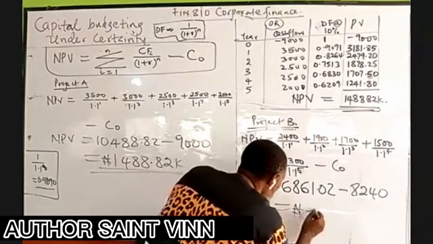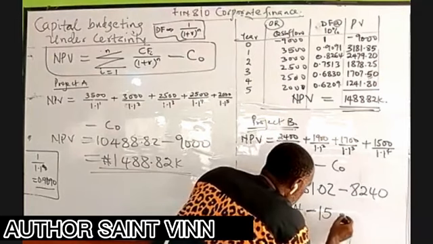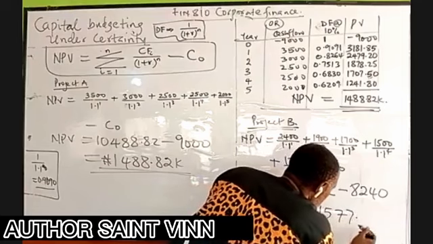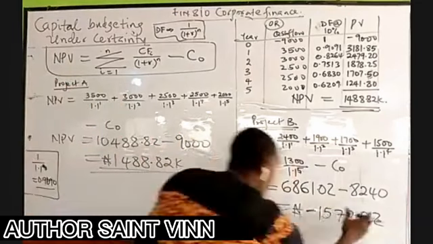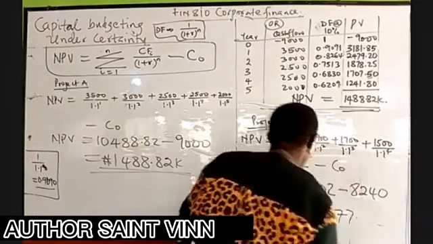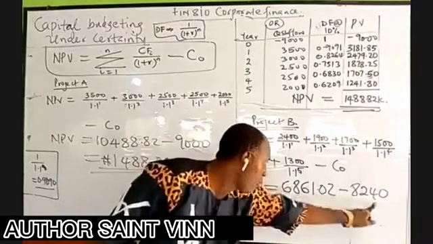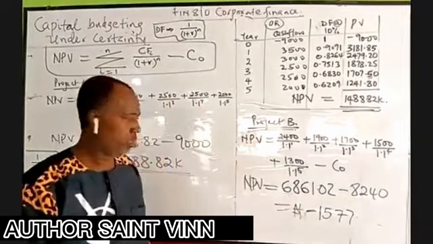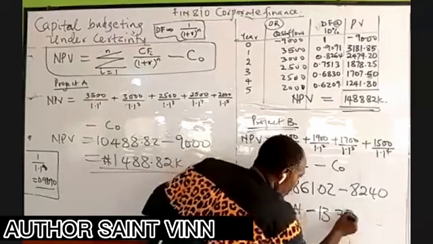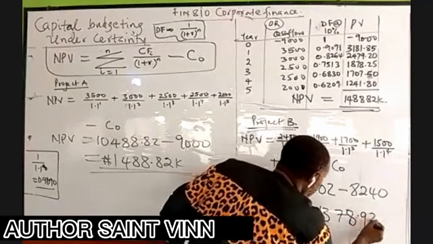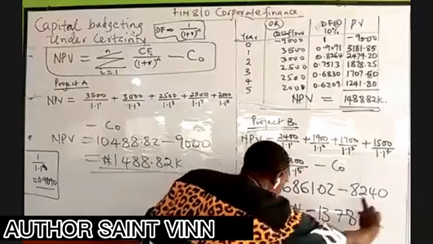Minus 1378 plus 98. Now, it's either you put this minus here or you put what?